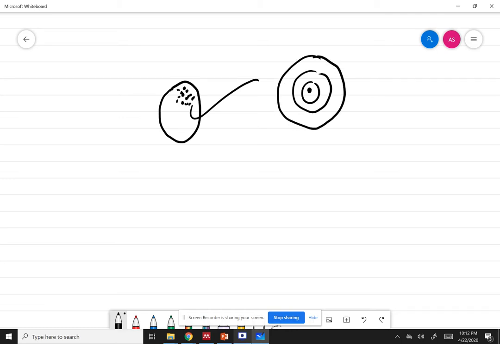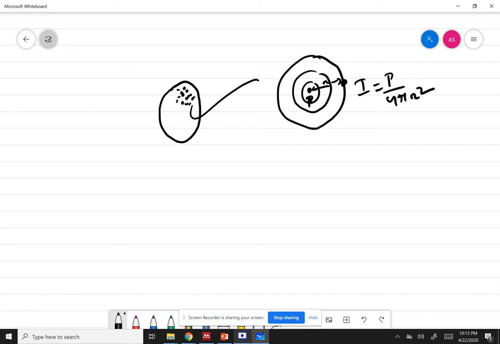So if the pressure generated by the point source is P, then at any given point on a sphere drawn around this point, the intensity will be given by P by 4 pi r square, where r is the radius of the sphere that contains the target point.